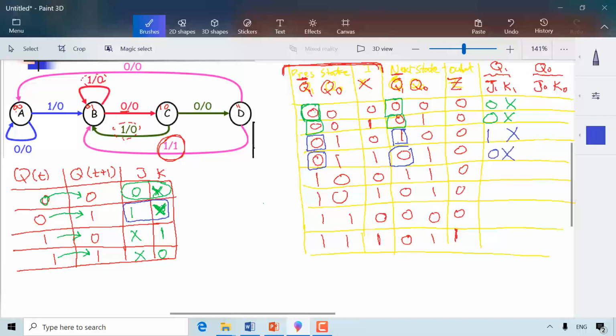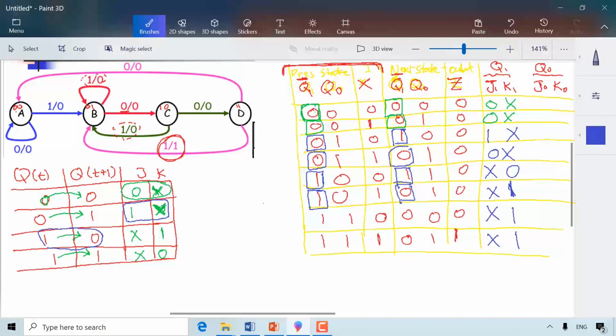And if I go from present state 1 to next state 1, 1 to 1 is x0. Now, if the present state is 1 on Q1 and the next state is 0, 1 0 is x1. You will see the other patterns are similar, so we'll fill in the same values.